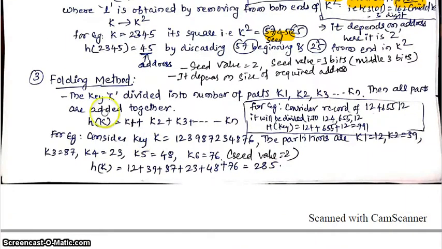Then the third one is the folding method. Here consider the record which consists of this item. We need to divide it into 3 digits, that is 1 2 4, 6 5 5 and 1 2.